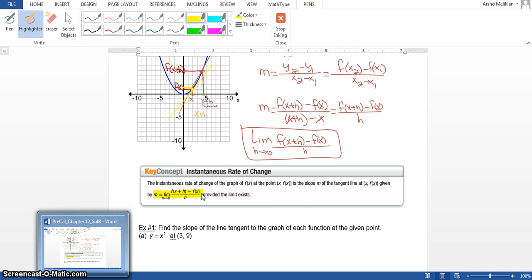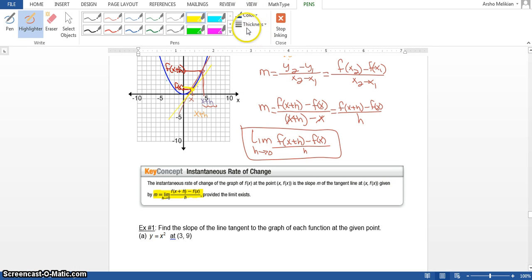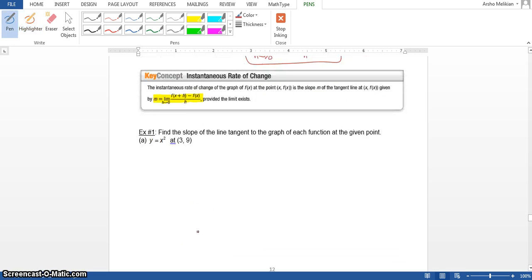So let's do an actual example. Here, what we have to do is find the slope of the tangent line to the graph of the function at the given point. In this case, x is 3. So we want to find the slope at 3 and 9. Okay? X is 3.